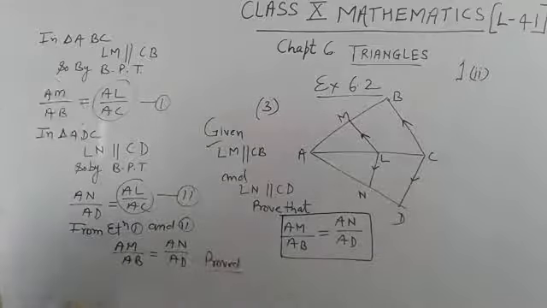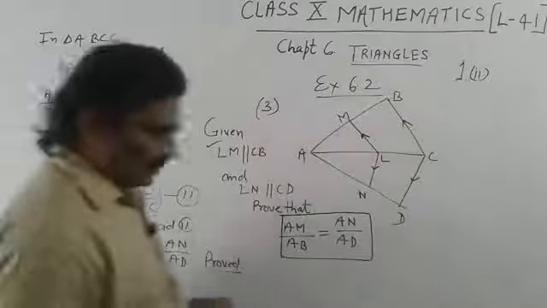So students, see attentively how it is proved, and with the help of this question you will prove some more questions. So this is the use of Thales theorem. Okay students, now write down.